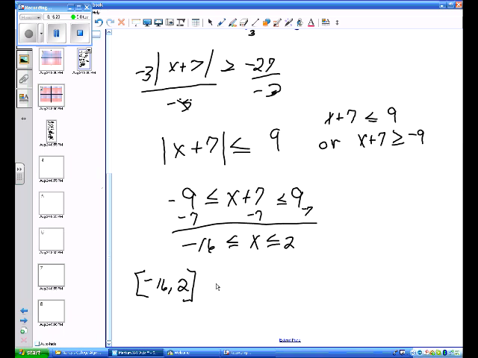And then we use our square braces. And we could graph it. If we graphed it, then we have our negative 16 and our 2. And we're talking about what's between them.